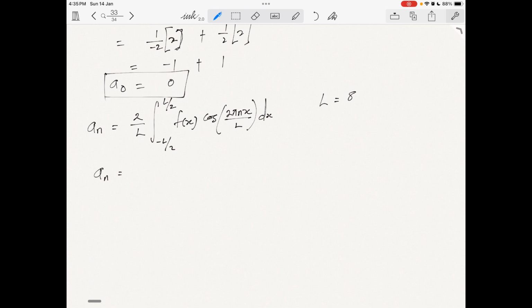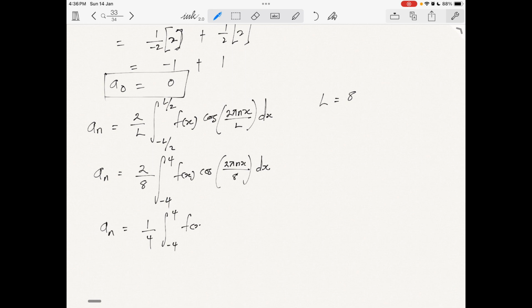So AN is equal to 2 over 8 integral from minus 4 to 4 of f of x cos 2 pi nx over 8 dx. Now AN will be equal to 1 over 4 integral of minus 4 to 4 of f of x cos pi nx over 4 dx.